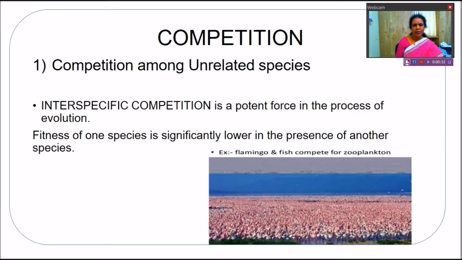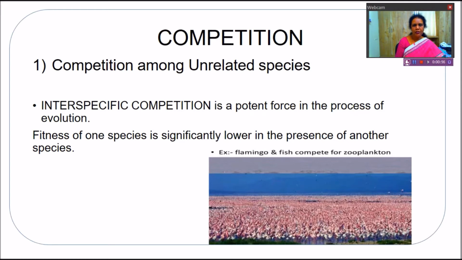When we think about competition, we think that it occurs between related species, and when the resources are limited. But it is not true always. Competition occurs among unrelated species and also when the resources are abundant.